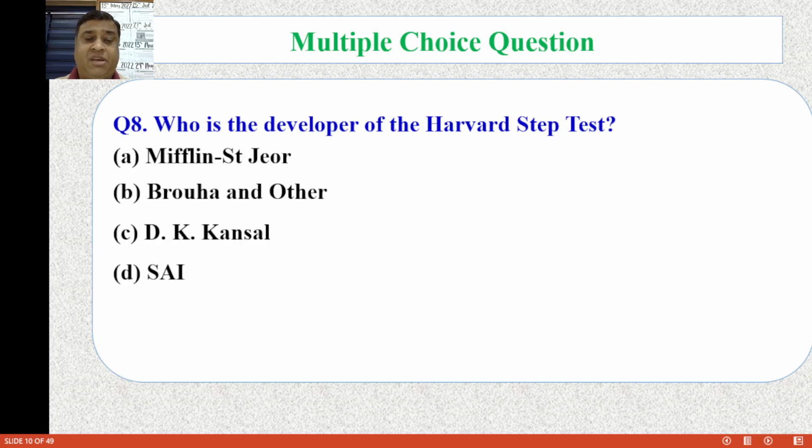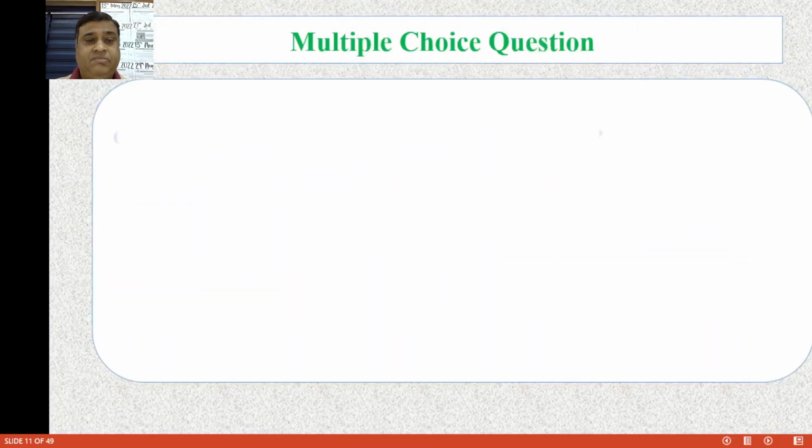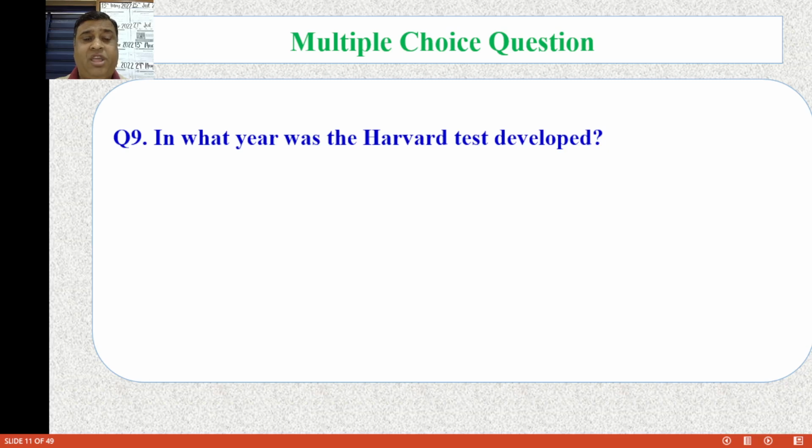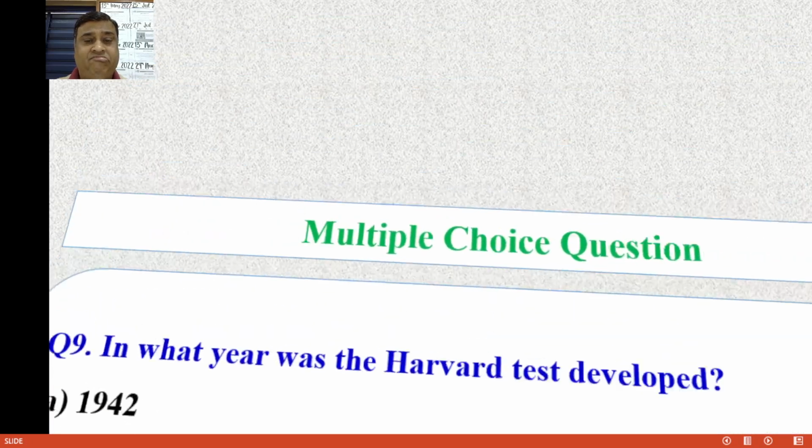Mifflin and St Jeor, Brouha and others, DK Consult, or Sports Authority of India. Now the answer is B, Brouha and others. Question number 9: In what year was the Harvard STEP test developed? Now the options are 1942, 1943, 1944 and 1945. Now the correct answer is 1943.